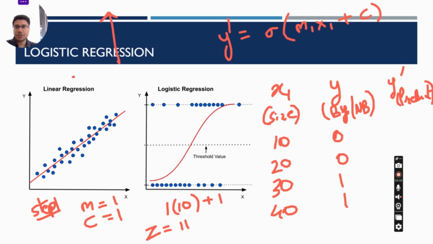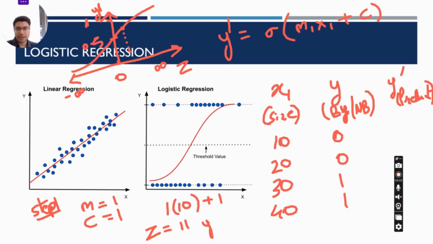If I show the logistic curve, z is 0, positive and negative, and the y prediction is given by this curve. When z is 11, y dash is somewhere between 0.5 and 1, about 0.56.